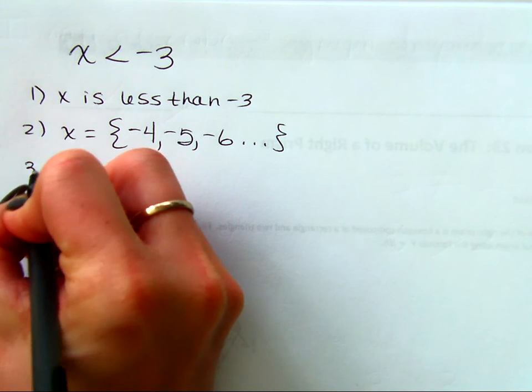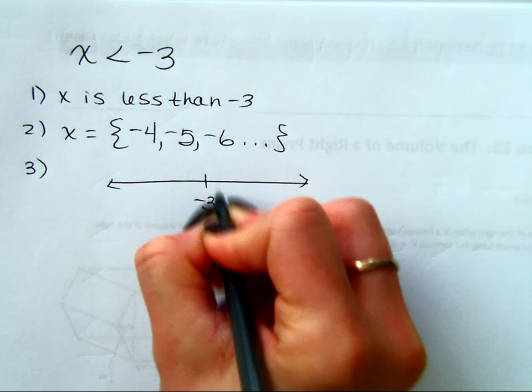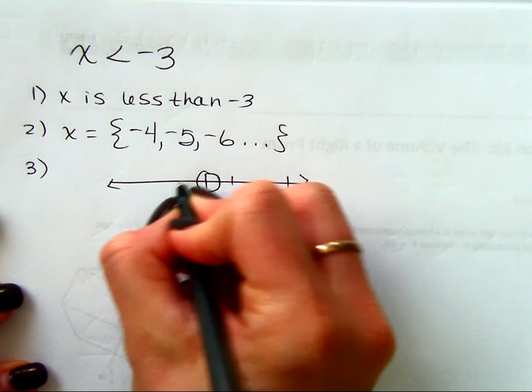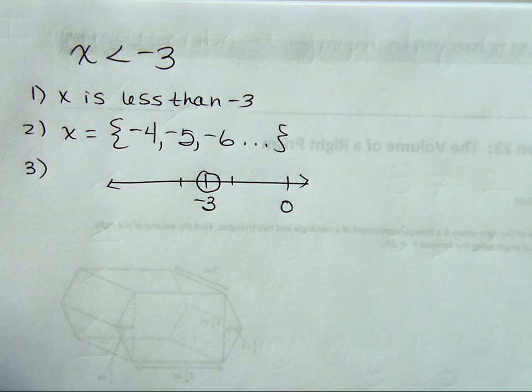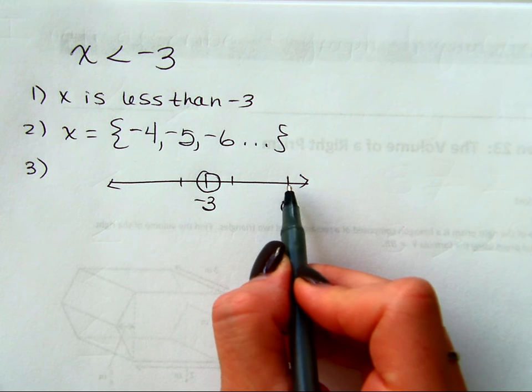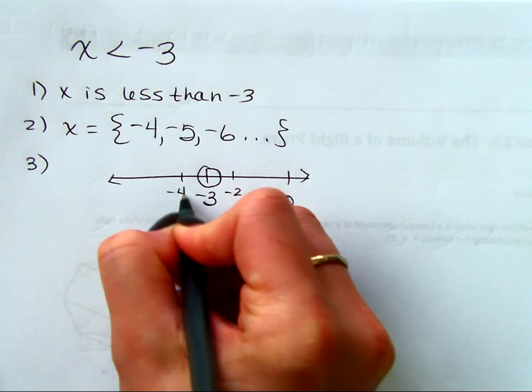So doing your number line might be a little bit of a challenge, because where is 0 in relation to -3? 0 is always to the right of your negative numbers. What number would go in front of and behind it? If you're confused at all, just start at 0 and think to yourself, -1, -2. So this is -2, this is -4.